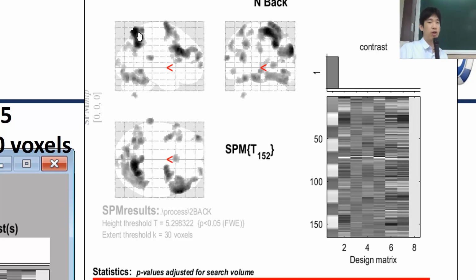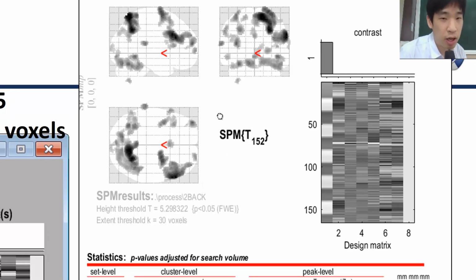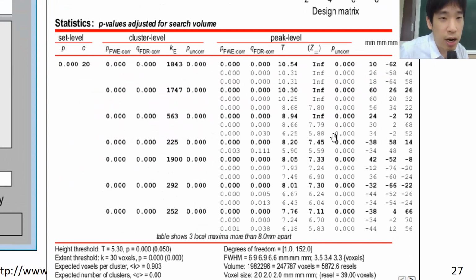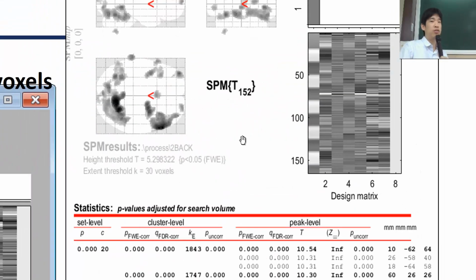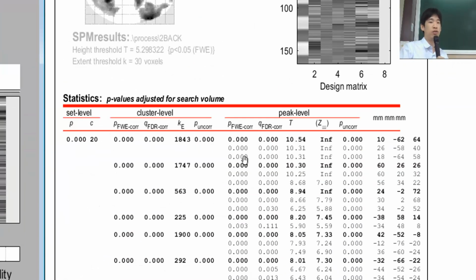Okay, so only the region with the gray or dark or black color right there, that means they are the critical region, the region that you can say has brain activation when the subject is performing the two-back experiment right there. Okay, and you can see there is a table right under this brain activation map.